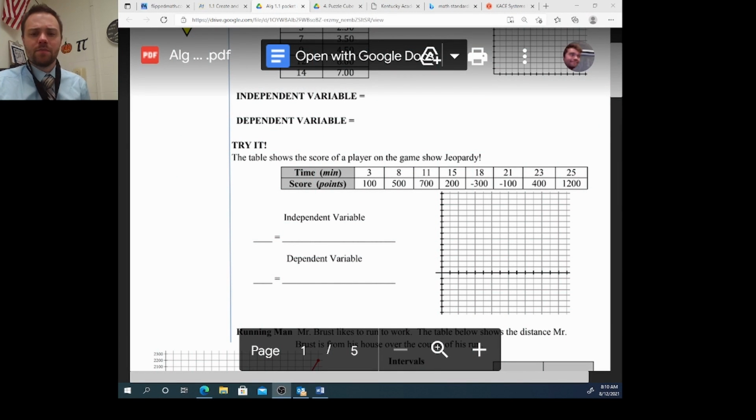Let's talk about the independent variable and the dependent variable. So you want to choose some appropriate labels for your dependent and independent variable. So the independent variable, the input in this case, is time. So a good variable to represent time would be t. Okay?